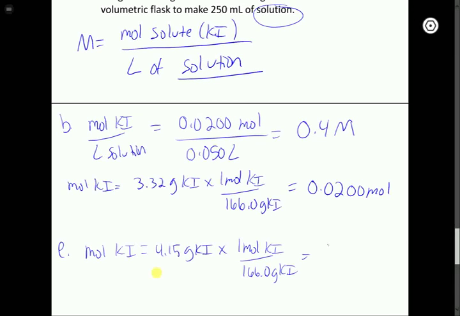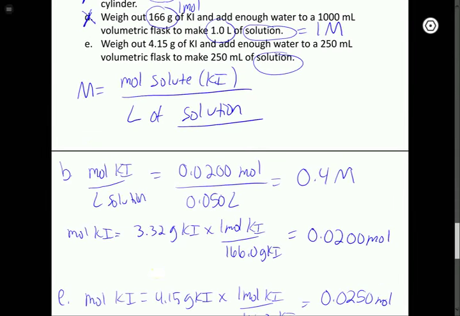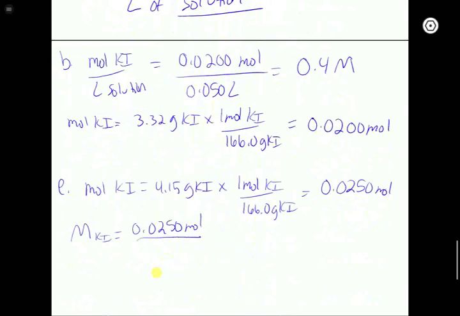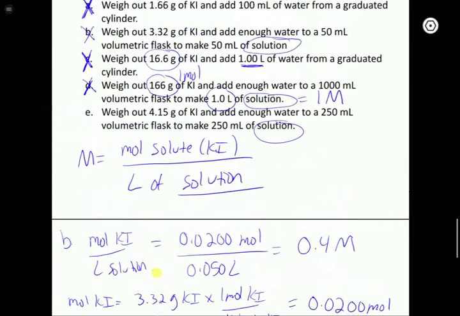So we get 0.025 moles, which means the concentration is 0.025 moles, and then the volume of this solution in choice E is 250 milliliters, which is 0.25 liters. And that's going to give us 0.100 molar, which is the number we're looking for. So choice E works out.